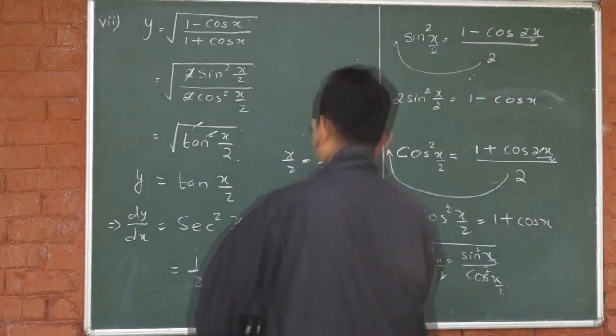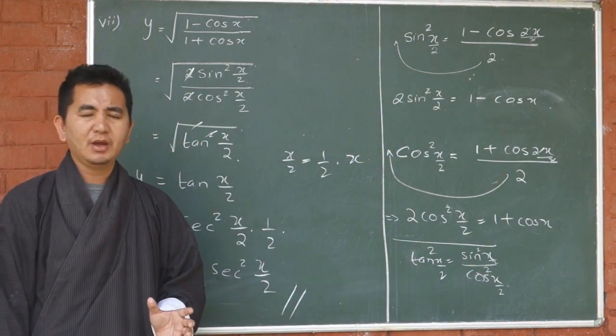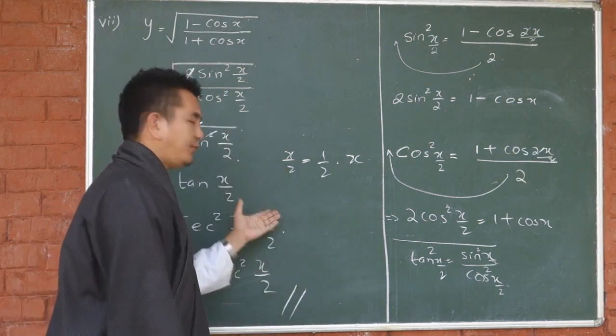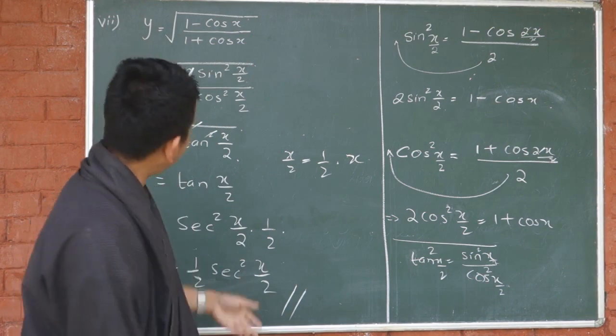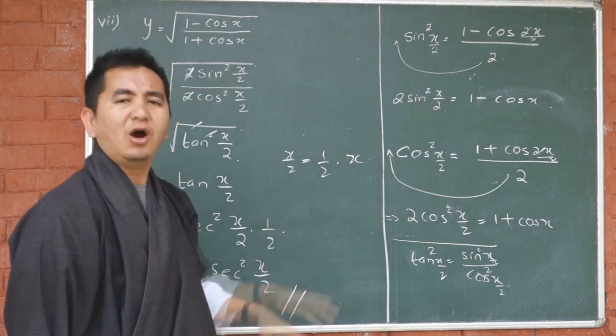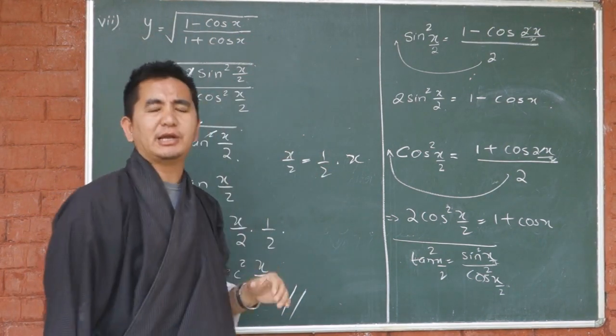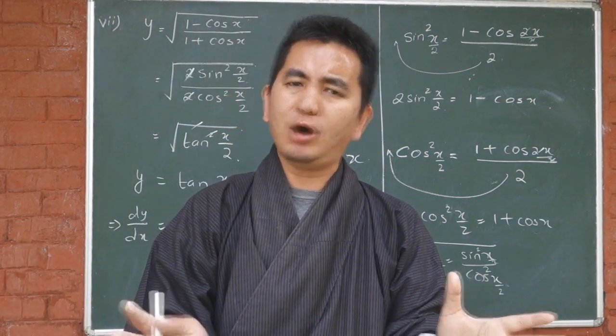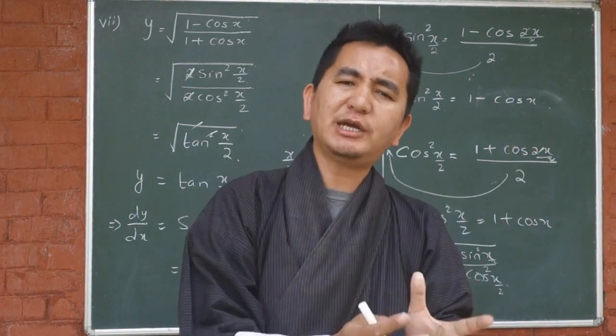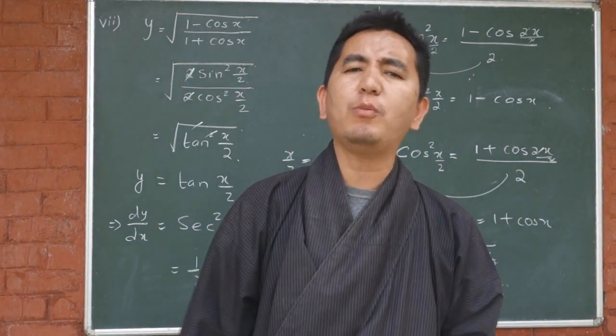This doesn't mean that every time the answer should be the same. So one student might follow this method, another student might go with the rationalization, another student might differentiate directly, or another student will take log on both sides. Doesn't mean that the answer should be the same. You will come to a different solution, no problem. But if you want to simplify and make it the same, you can do it. But it's a long process.